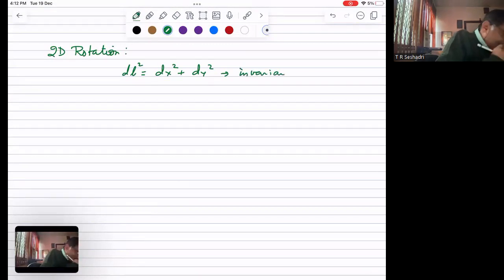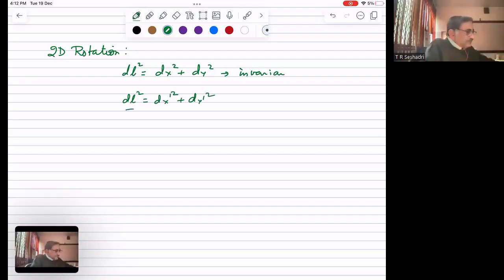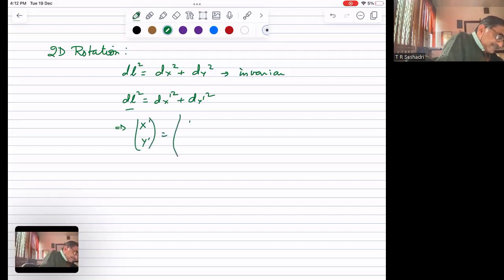So if I go to another, rotated frame, I will have the same dl square. That is, the length of an object does not change on rotation, which means I can write x prime, y prime as the matrix cos theta, sin theta, minus sin theta, cos theta acting on x, y.